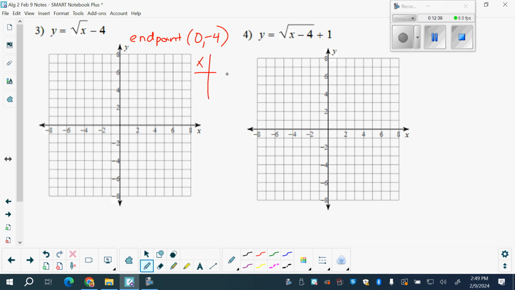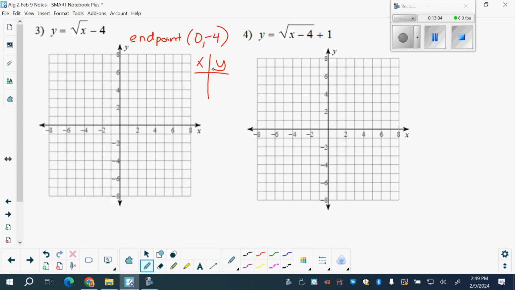Okay, so now we're going to get another helping point. What's a good number to put inside there? So 6, you have to use a calculator. That's okay, you just have to get a decimal. 4, because we can take the square root of 4. So we're looking at perfect squares like 1, 4, 9, 16.